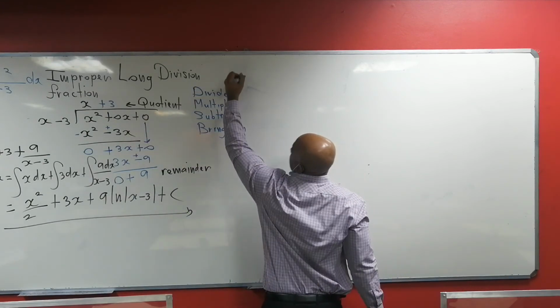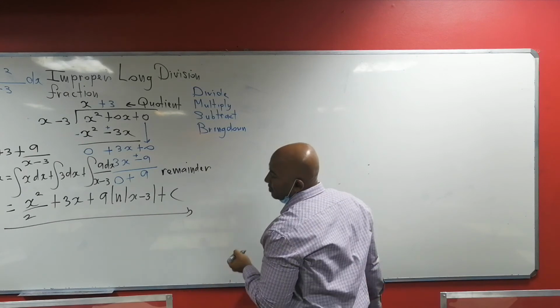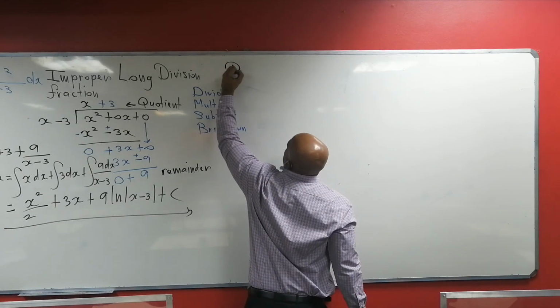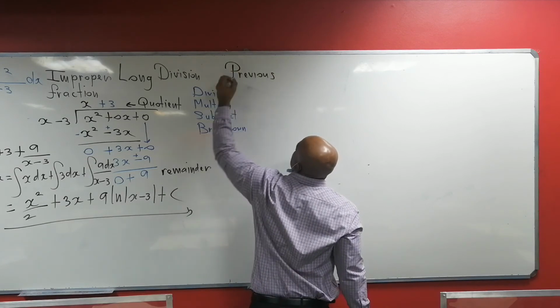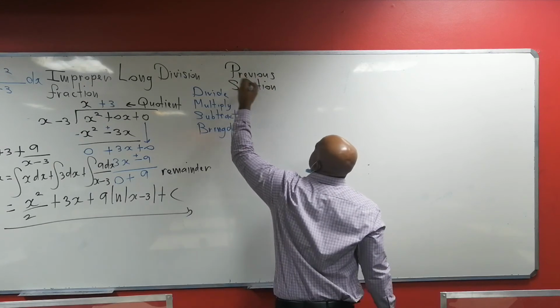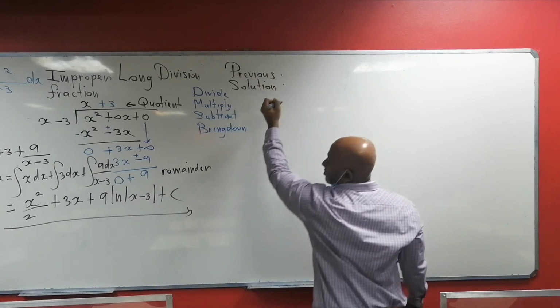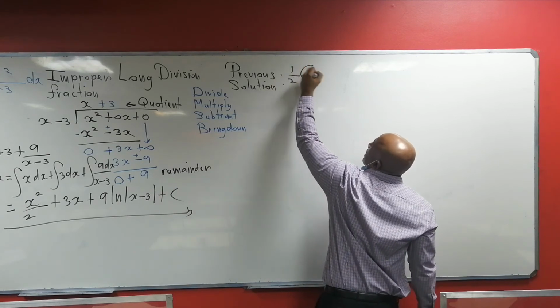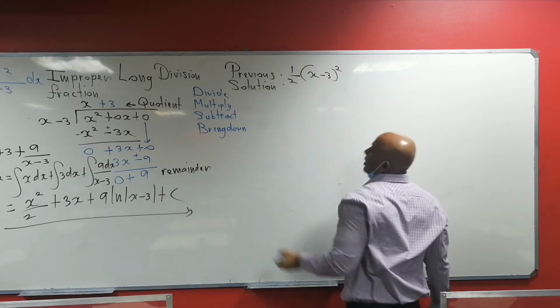It was 1 over 2 times x minus 3 all squared. So my previous solution, just read it out for me there. 1 over 2 times x minus 3 all squared. Next one?